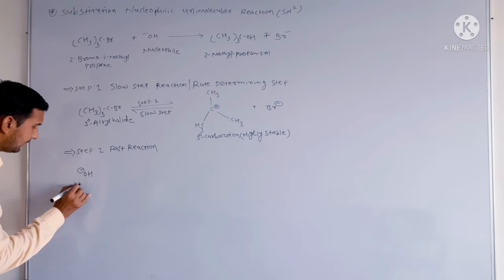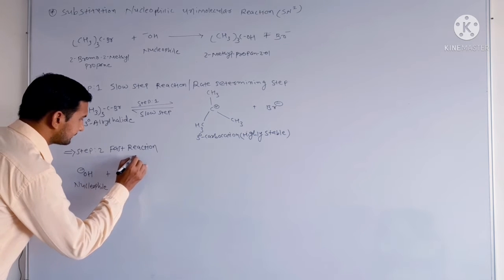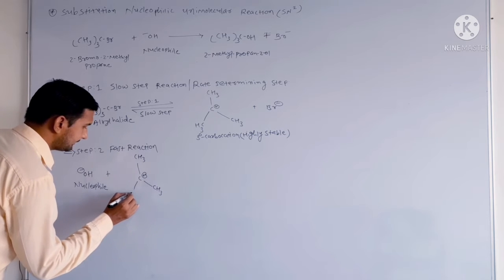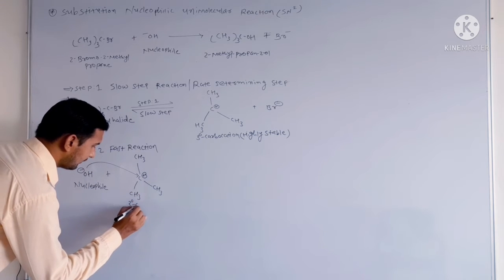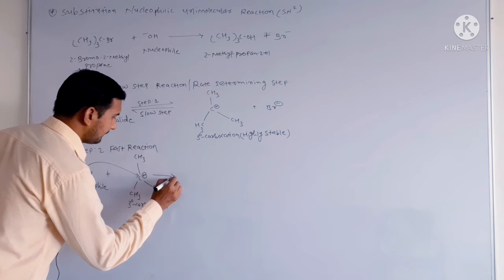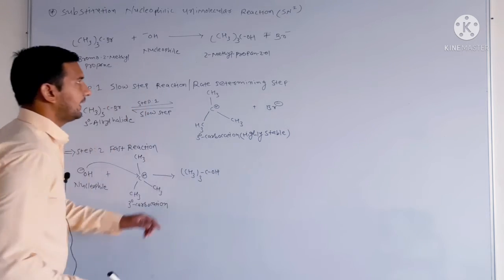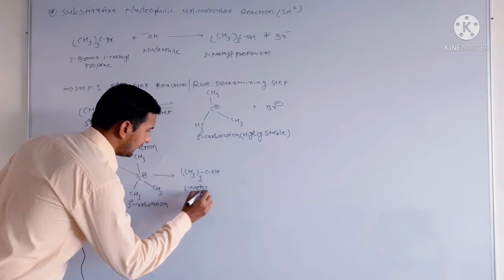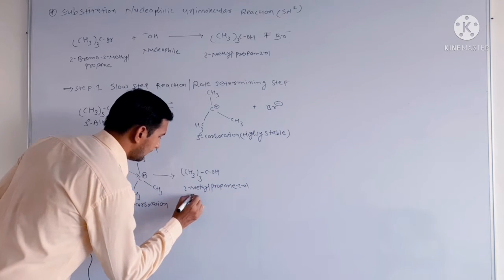The OH- ion nucleophile reacts with the tertiary carbocation (CH3)3C+ and forms tertiary alcohol, (CH3)3COH, 2-methyl propane-2-ol, a tertiary alcohol.